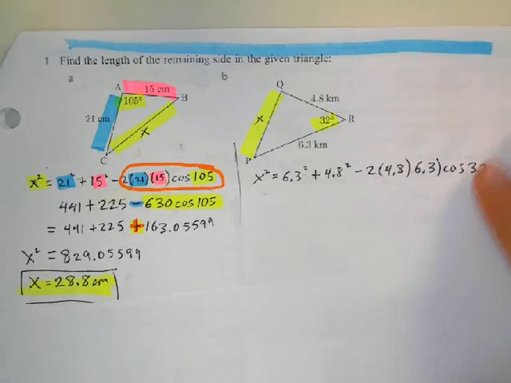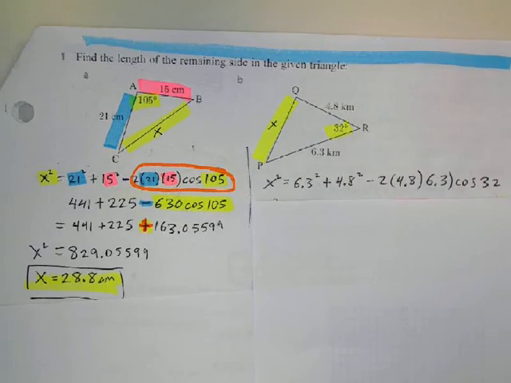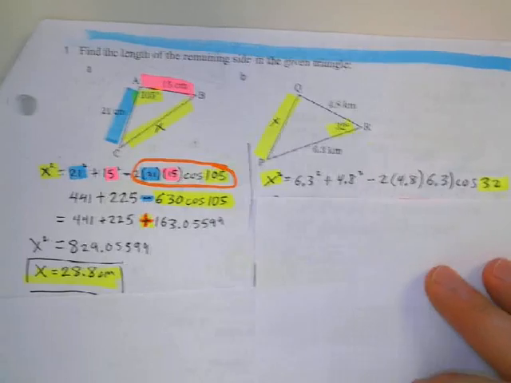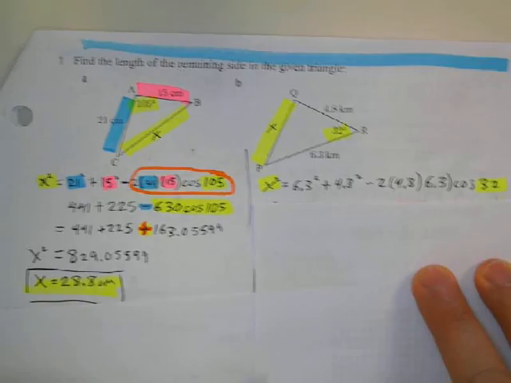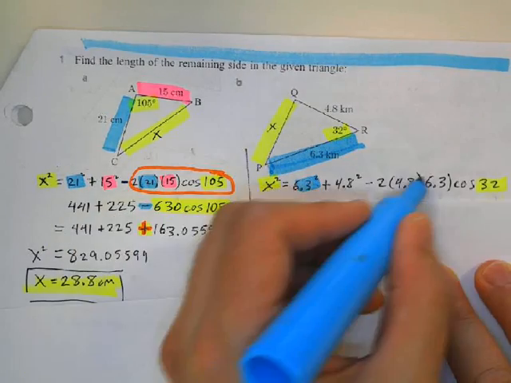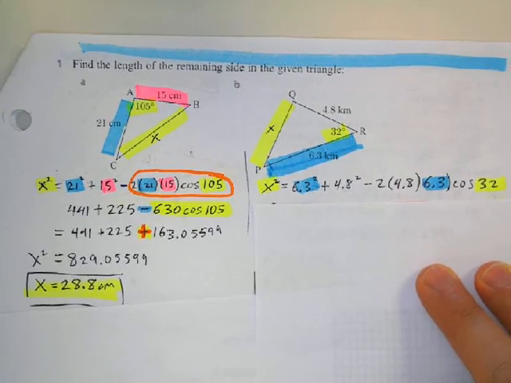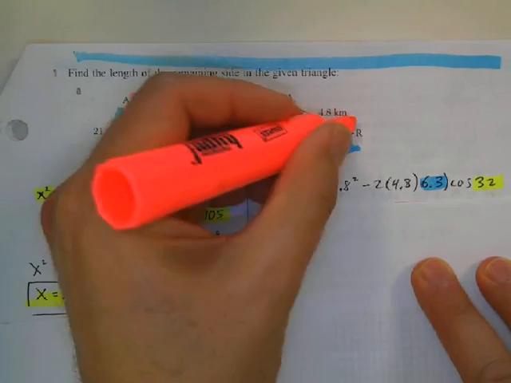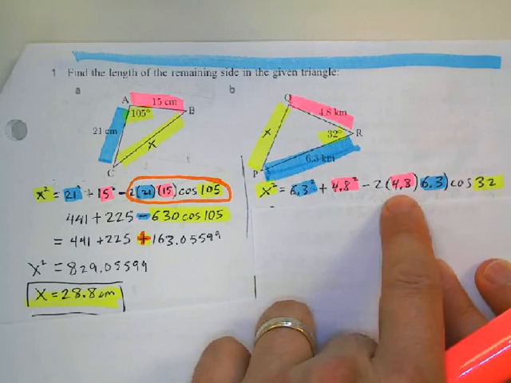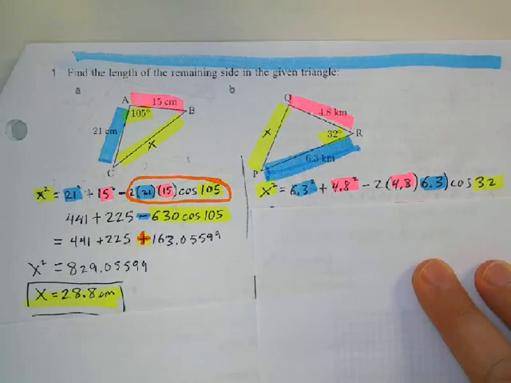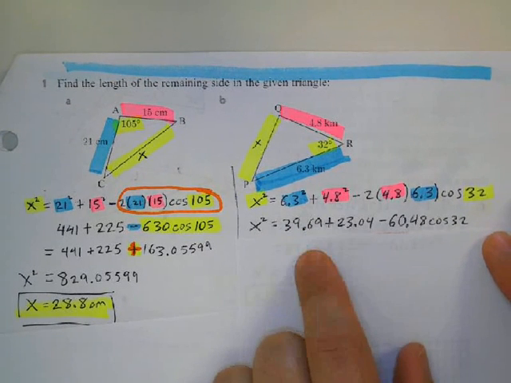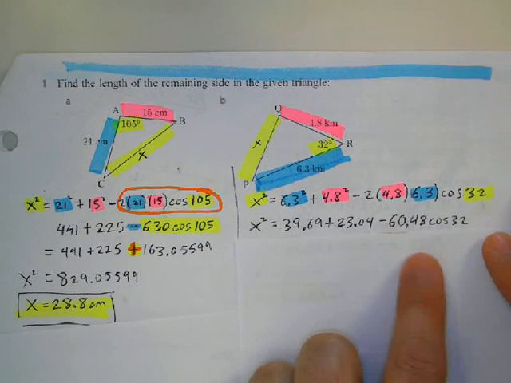So we can say x squared equals 3.6 squared, we've got 4.8 squared, and then minus 2 times 4.8 times 6.3 cosine 32, and then we get these numbers: this number plus this number minus this.